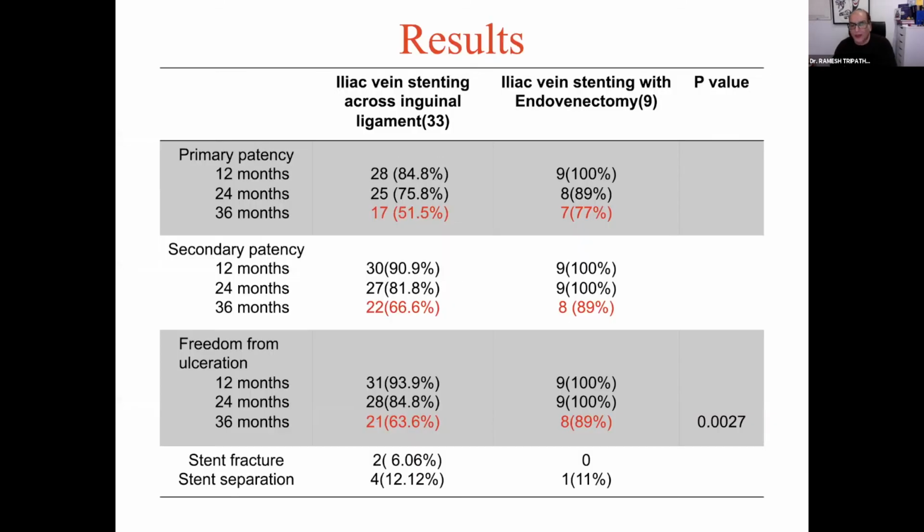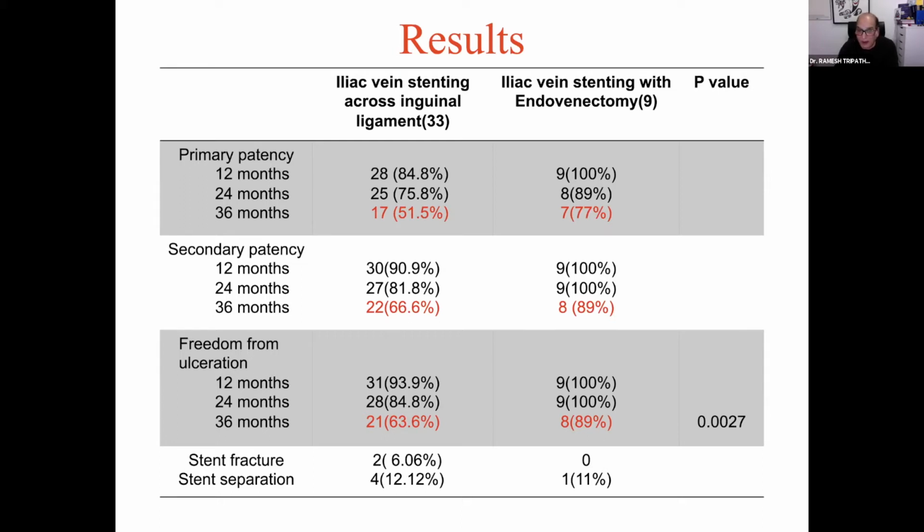So if you look at endovenectomy results in our limited experience, iliac vein stenting across the inguinal ligament, we have done 33 cases, and we've only done 9 cases of iliac vein stenting with endovenectomy. The numbers are small, so I wouldn't be too serious about the p-values, but if you look at the general trend of primary patency, secondary patency, and freedom from ulceration, there's certainly a distinct difference between the endovenectomy group and the iliac vein stent group.